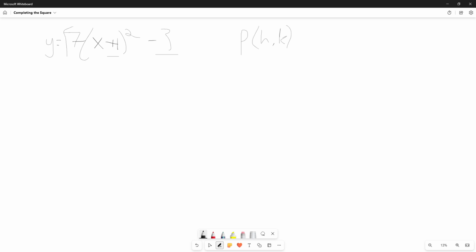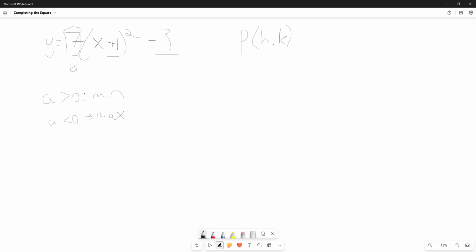If this number, which corresponds to the a in the formula, is bigger than 0, then it is a minimum point. If the a is smaller than 0, then it is a maximum point.